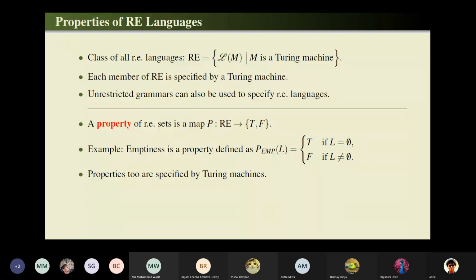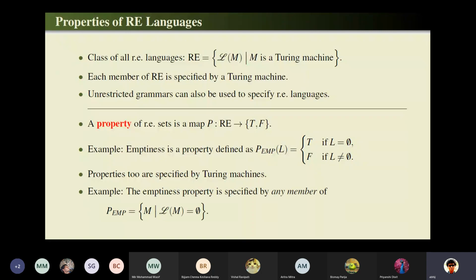So this is something like this. The emptiness property is specified by any member of this set. Take any Turing machine whose language is empty and specify this emptiness property by that machine. And I would ask questions about this property by querying the machine M, which is a representative of the property.